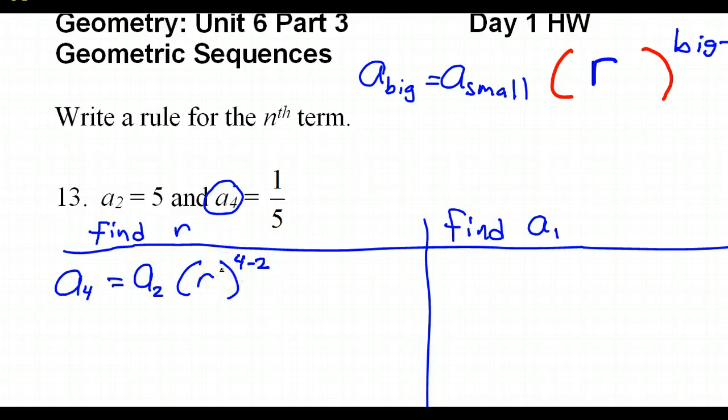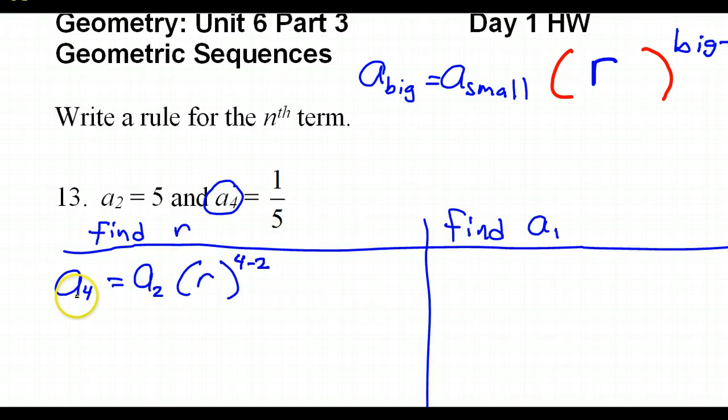Remember, the two things we need to write an equation are we need a1 and we need r. So that's what we're going to do. First we're going to find r, then we're going to find a1 so we can write the equation. So by doing this, A big equals A small, this gets us this far. Now let's go ahead and substitute in these values.